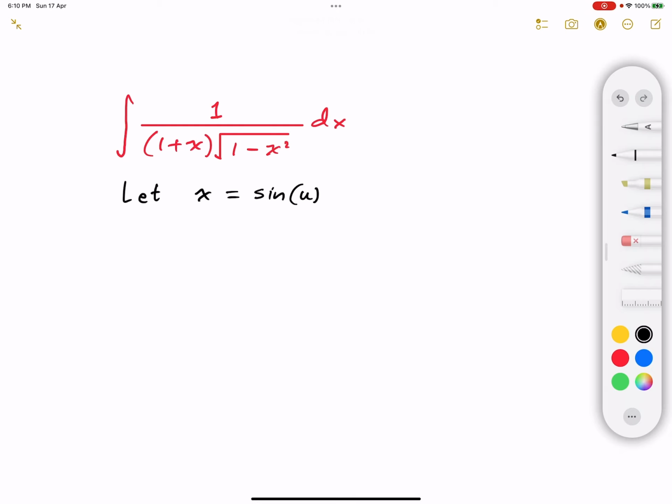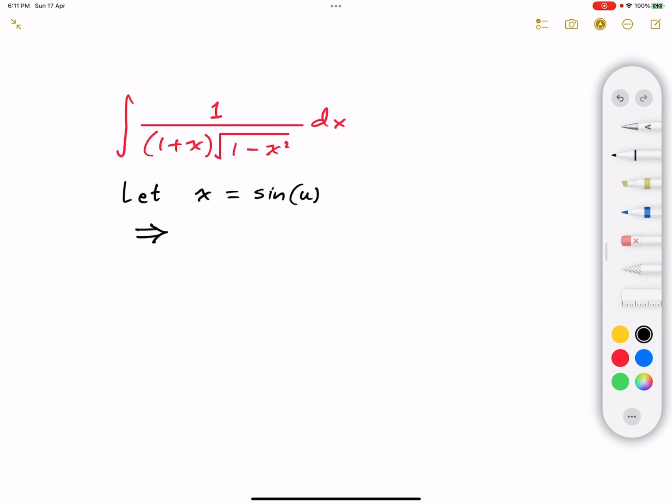In general, whenever you have a constant squared minus the variable, or the variable multiplied by something else, all squared, you need to look for the quantity that is squared, and let that equal the square root of the constant multiplied by sine u. That's one of the ways.